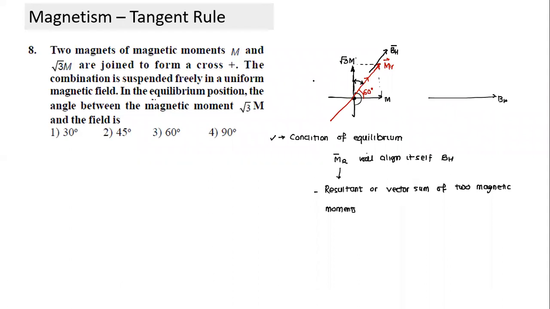In the state of equilibrium, some torque will act because of this field. There will be a torque tau 2 acting on this magnet, which will tend to rotate it clockwise, and a torque tau 1 acting on the other bar magnet also. These tau 1 and tau 2 will be equal and opposite.